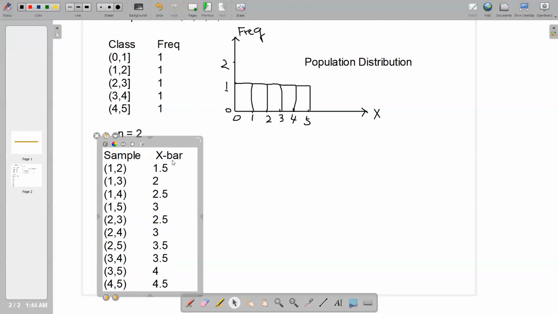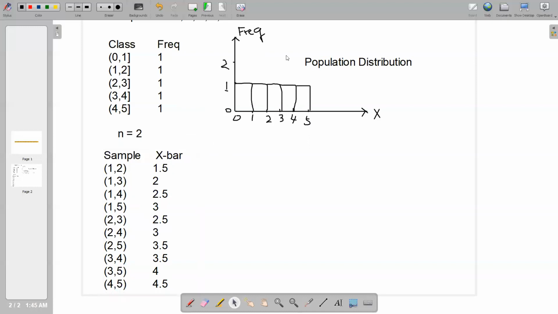To describe the distribution of x bar, we can make a histogram of x bar, just like we described the distribution of x with a histogram of x. So we're going to make a frequency table just like what we did here, okay?